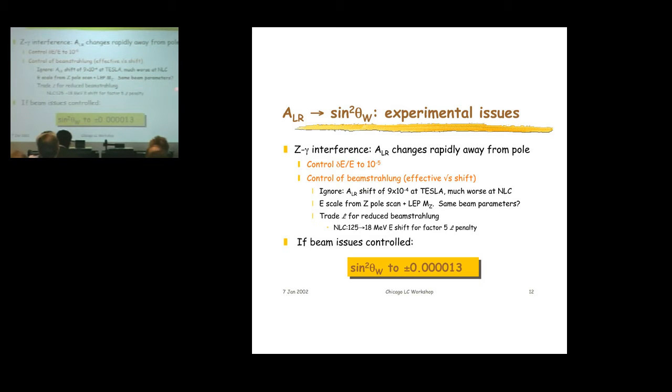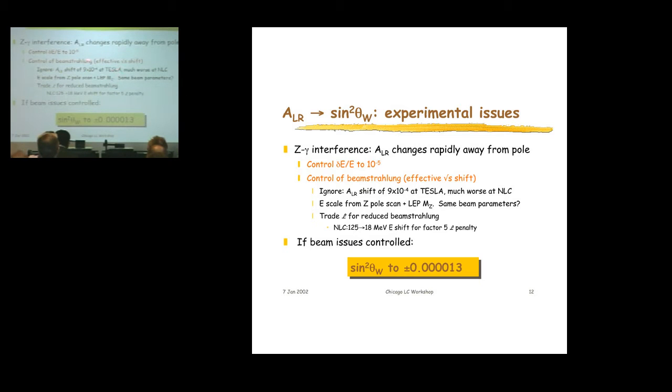Now, if you can use the same beam parameters that you used in the scan, you essentially normalize most of that away. But if it turns out that you need different beam parameters at the peak, then you really need to do a good job on this.